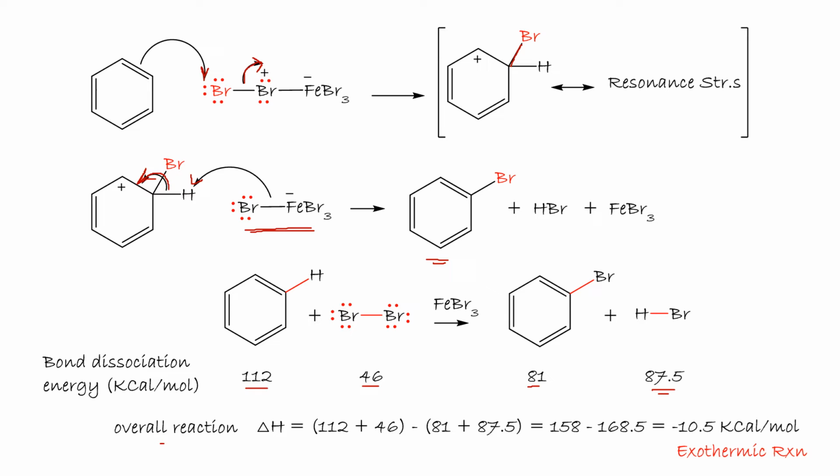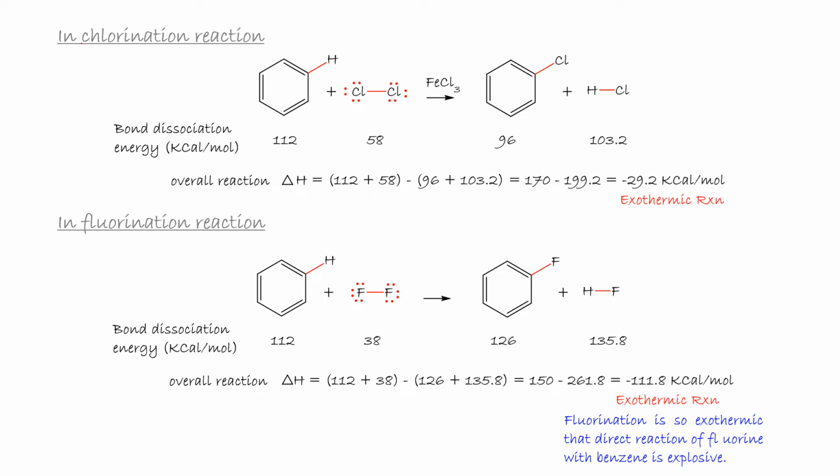So the total change in enthalpy will be starting material 112 plus 46 minus product 81 plus 87.5. That gives out energy, 10.5 kilocalories per mole. So the overall reaction is exothermic.